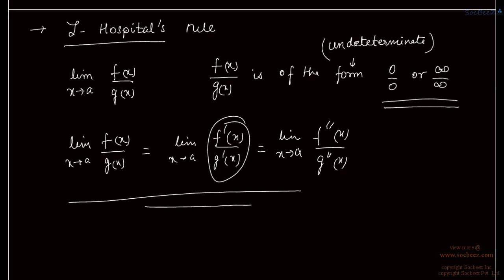So this is L'Hospital's rule. This rule is very useful in evaluating the limit of a function. So this is all about the basic theory of limit, continuity and differentiability.